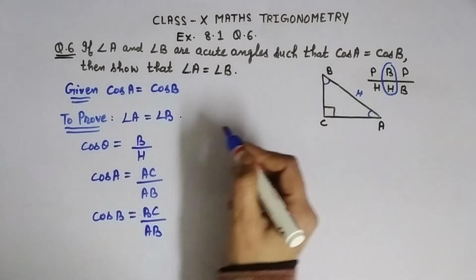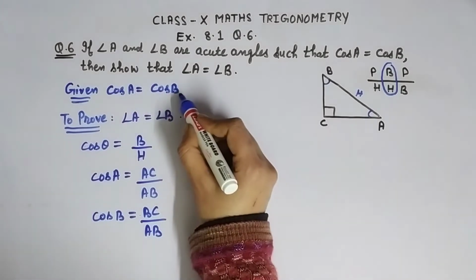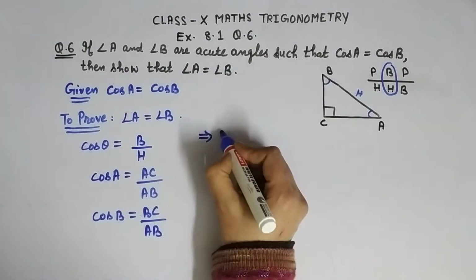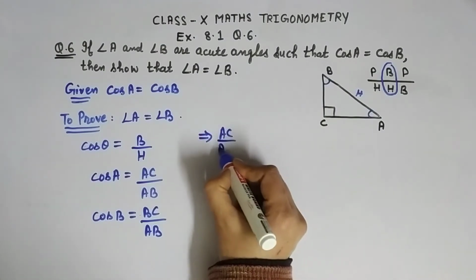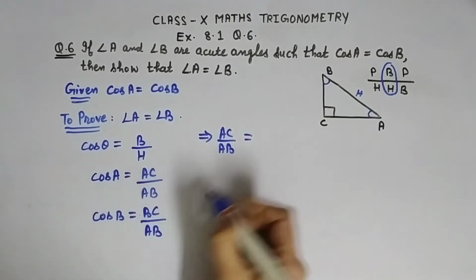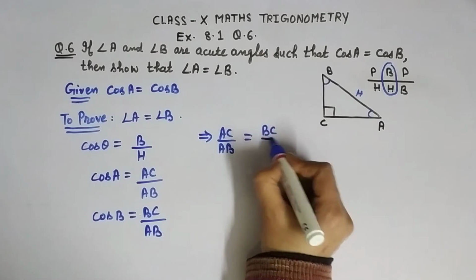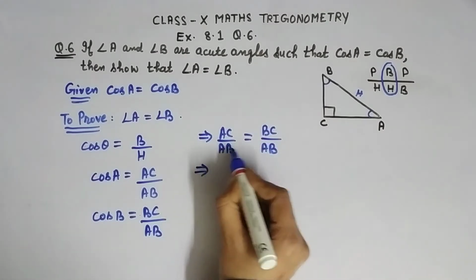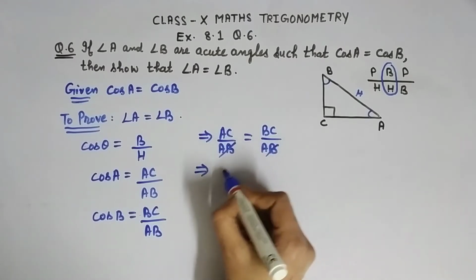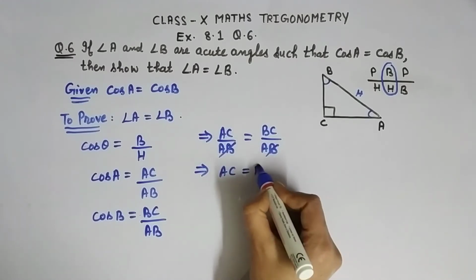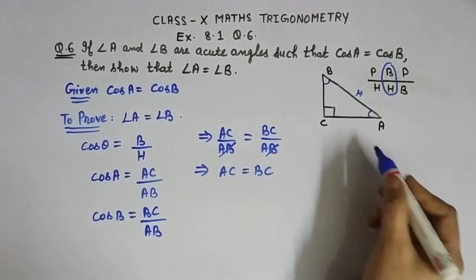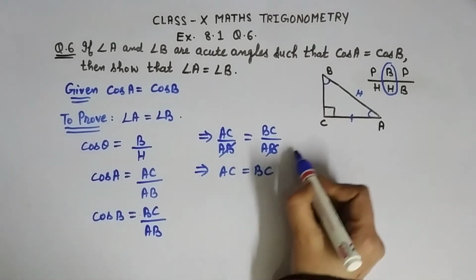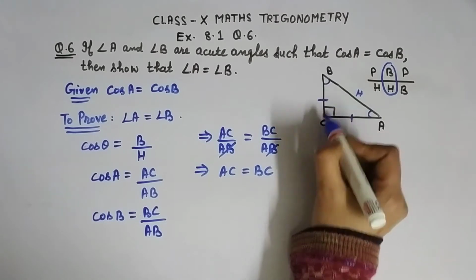Okay, so according to the question, cos A is equal to cos B, so we have cos A, AC upon AB, is equal to cos B, that is BC upon AB. Now see here, AB cancelled with AB, and we have AC is equal to BC. Look at the figure, AC is equal to BC.